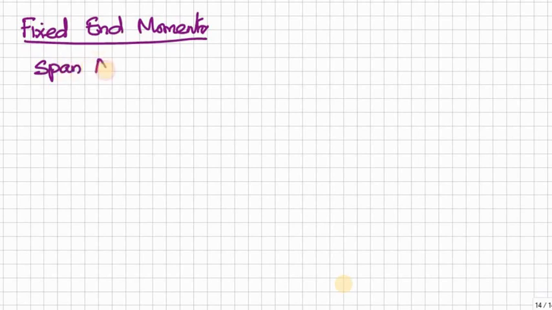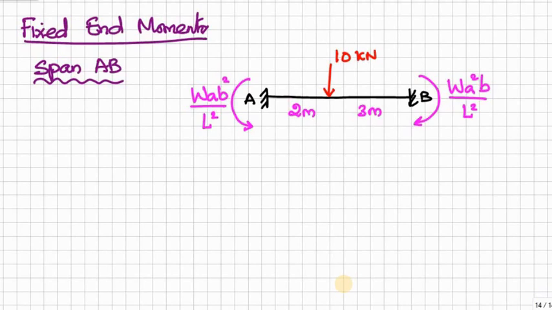Span AB. Here we assume both ends are fixed, therefore we will have fixed end moments due to this 10 kilonewton load. This is an eccentric load, therefore the formulas are W a b squared by L squared, and W a squared b by L squared.